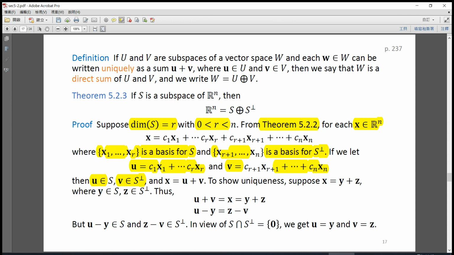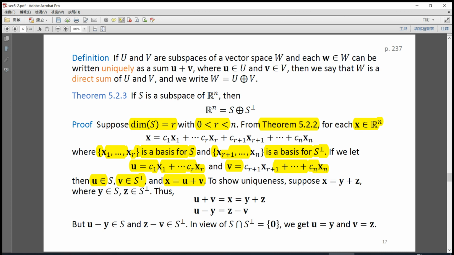And now we have x equals u plus v. Therefore, for every x in Rn, we can always express x as the sum of two parts, where the first part is from S and the second part is from S perp.